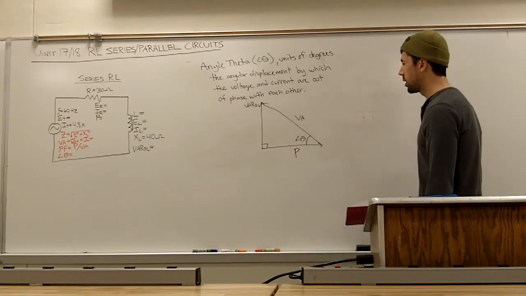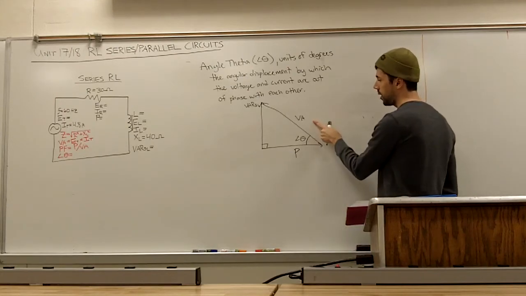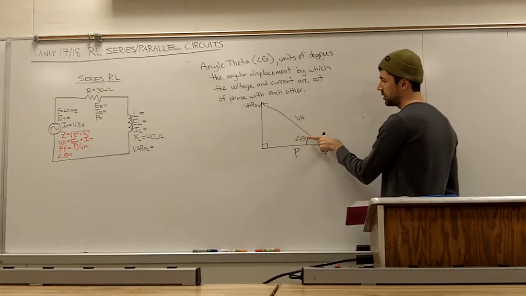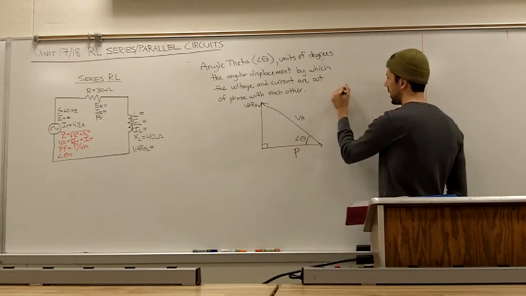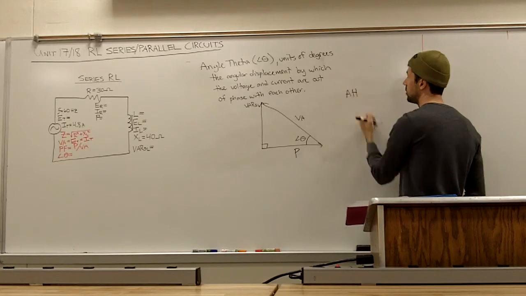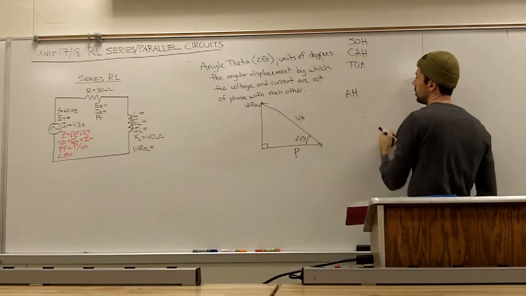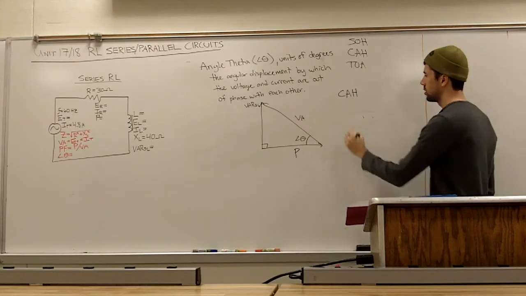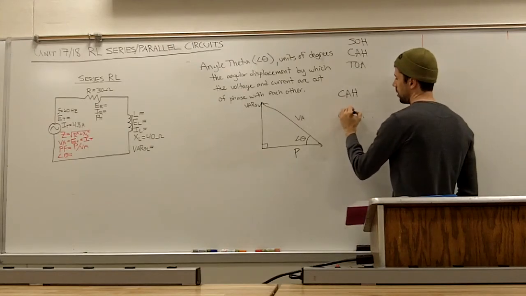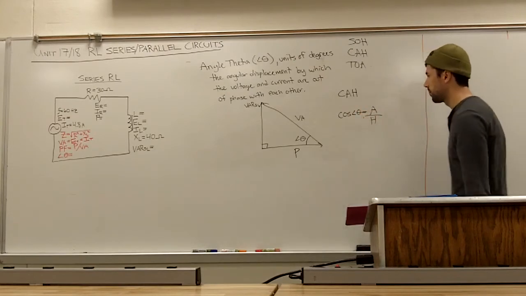So we have to do a little bit of trigonometry to find this equation. I'm looking at true power and apparent power, so in relationship to this angle, I have the adjacent side and the hypotenuse. Out of our three trigonometric functions, SOH CAH TOA, cosine is going to make CAH. So cosine of angle theta is equal to adjacent over hypotenuse.